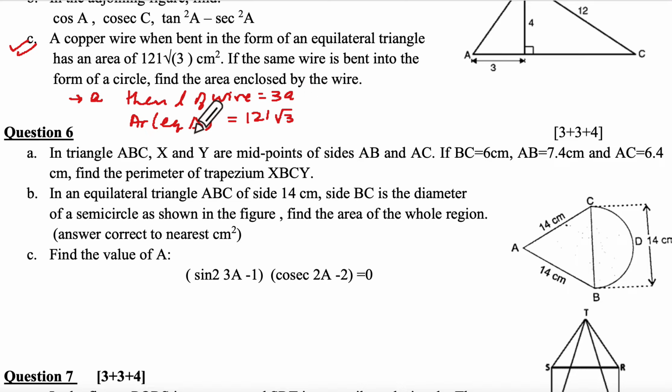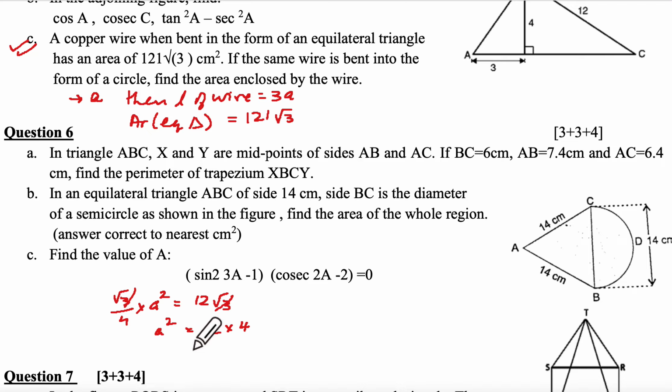Agreed. What is the formula for equilateral triangle area? Root 3 by 4 A squared is good. Very good. And that is equal to 12 root 3. Can you see root 3 got cancelled? A squared is equal to 12 into 4. Can you see that? Did I make a mistake?